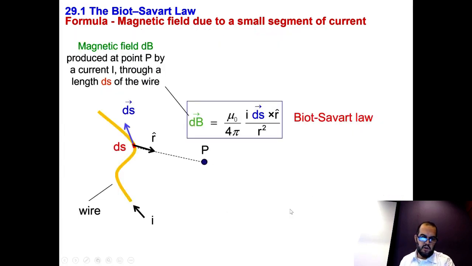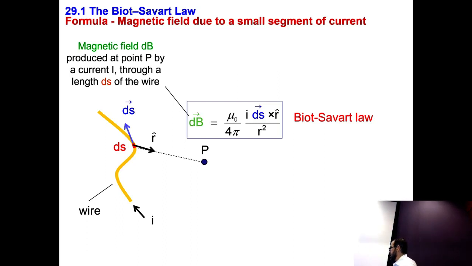They determined that the magnitude of the magnetic field due to an element ds is given by mu 0 divided by 4 pi, where mu 0 is a constant, times the current I, times the cross product between the element ds and the unit vector r, divided by r squared.